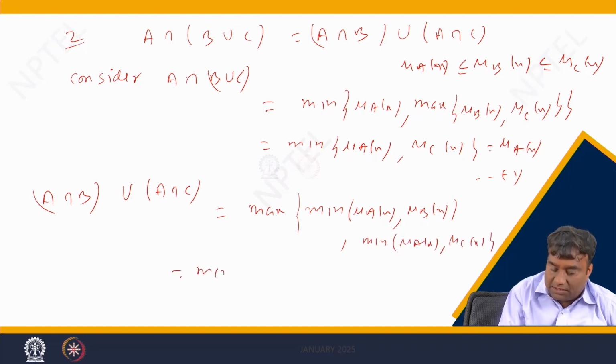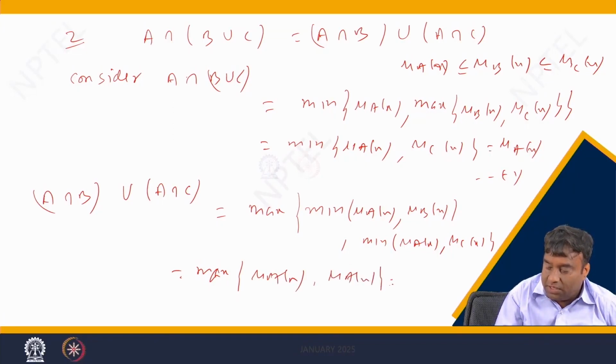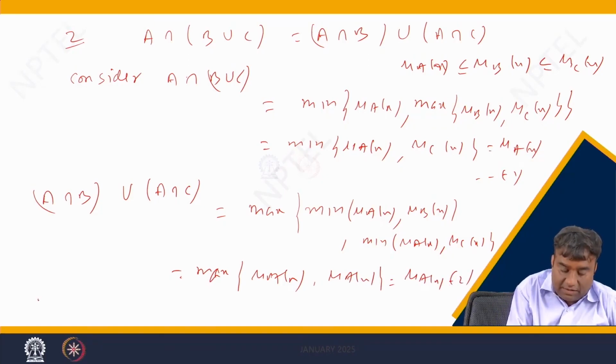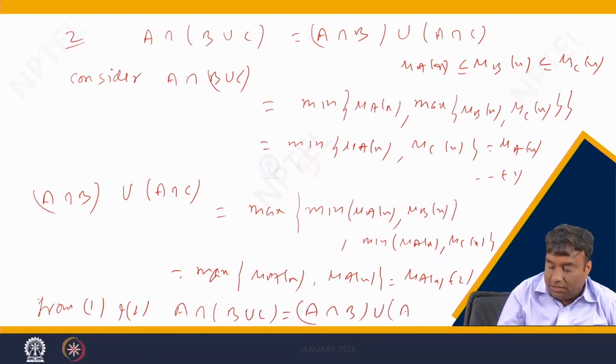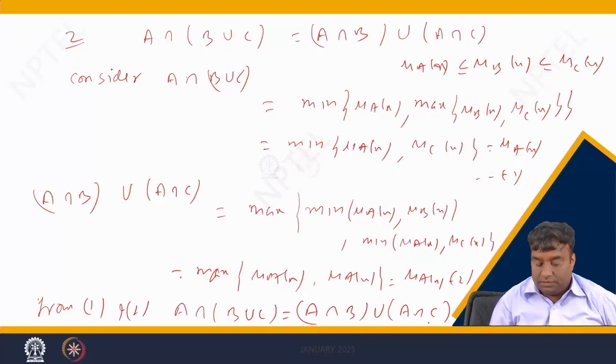Now the minimum of mu A and mu B is mu A(x), and the minimum of mu A and mu C is again mu A(x). So we will get mu A(x). So it is 2. From 1 and 2 you can check that A intersection B union C is equal to A intersection B union A intersection C. The other one you can also prove.